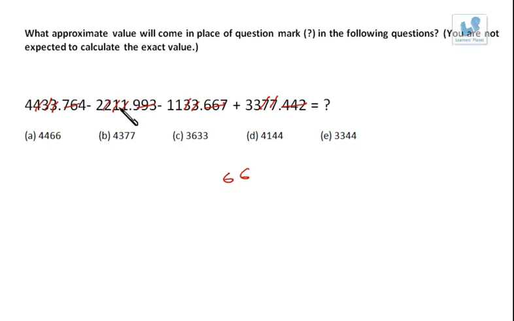Then 4 minus 2 is 2, 2 minus 1 is 1, plus 3 is 4. So we are getting the digits closer to the options. We got the answer in just 30 seconds. I hope it's clear to you.